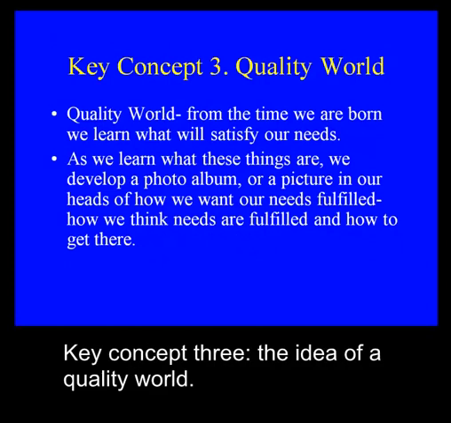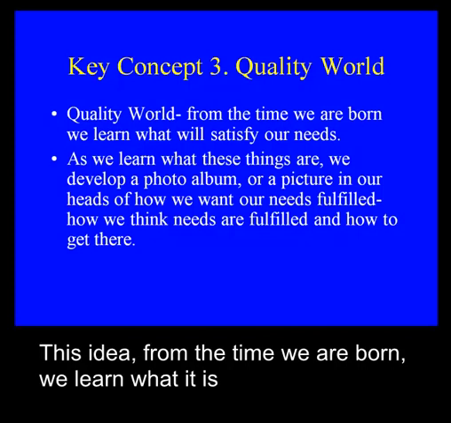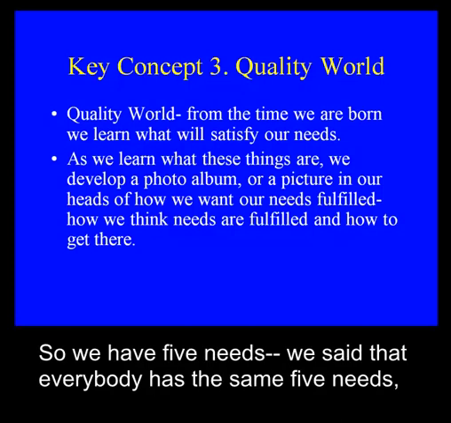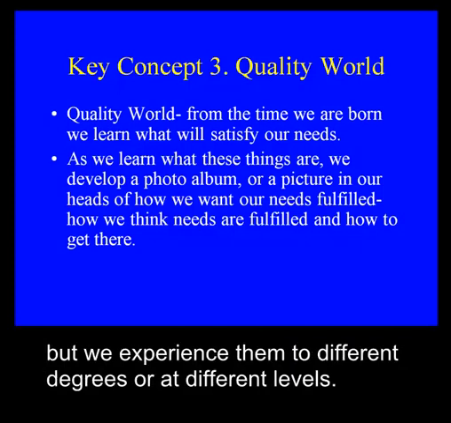Key concept 3, the idea of a quality world. From the time we are born, we learn what it is that will satisfy our needs. So we have 5 needs. We said that everybody has the same 5 needs, but we experience them to different degrees or at different levels.